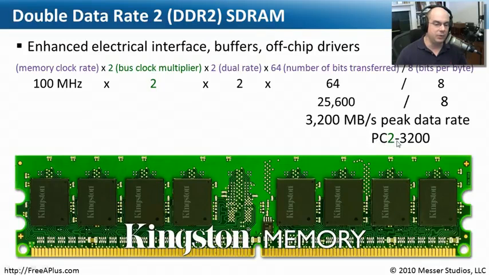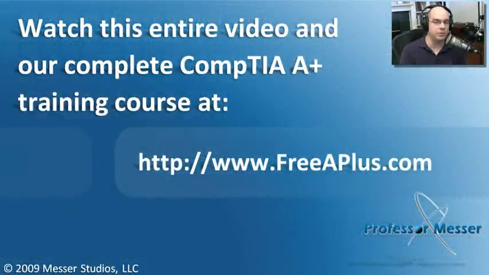And you can see instead of PC, I use PC2 to designate that this is DDR2. So if you're trying to buy memory and it says PC2-3200, you'll know immediately the PC2 means this is for a motherboard that can accept DDR2 memory. Then you'll see the peak data rate of 3200, and you can make sure this is spec'd properly for the motherboard you're buying it for.